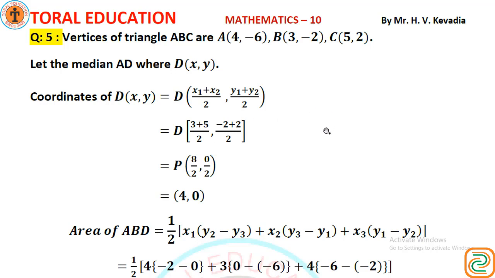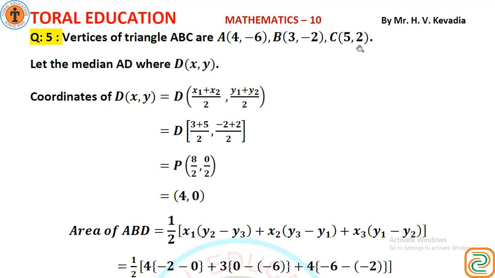So when a median divides the triangle, there are two triangles and both the triangles are of equal areas. First of all, let the median be AD, where D must be on BC.